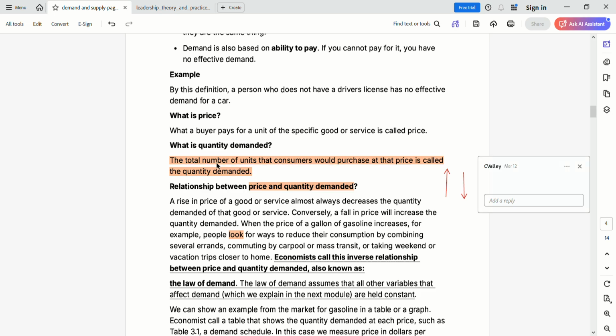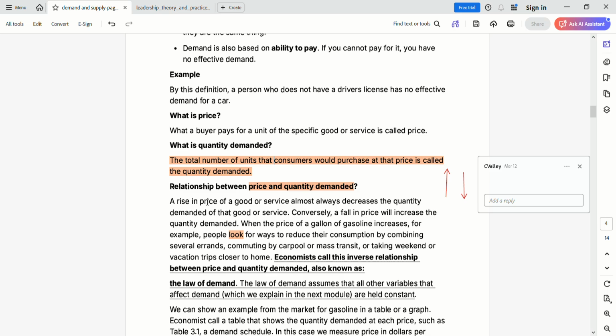Here the total number of units is 1000 kg in that specific market, known as the quantity demanded of that market.